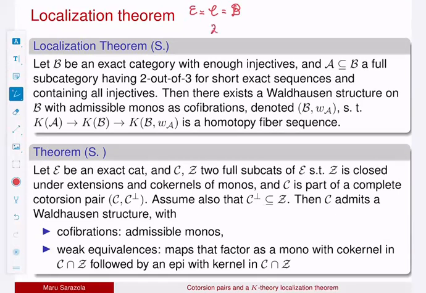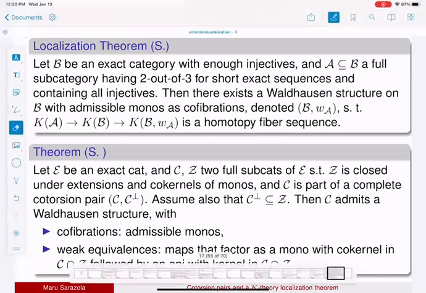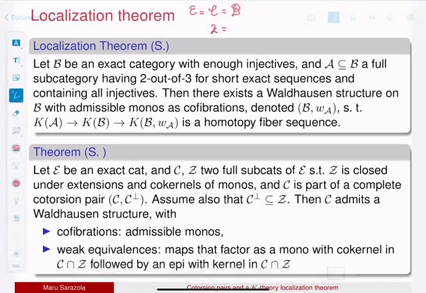And then for the trivial class, we said we want our Waldhausen structure to make everything in A weakly equivalent to 0. So we're going to take A as our class of acyclics. And now let's see if we can check off quickly the conditions of the second theorem.